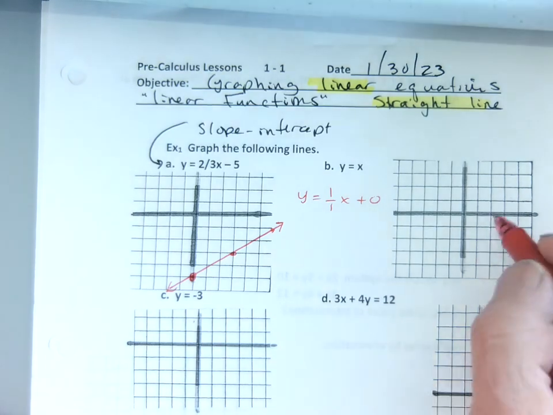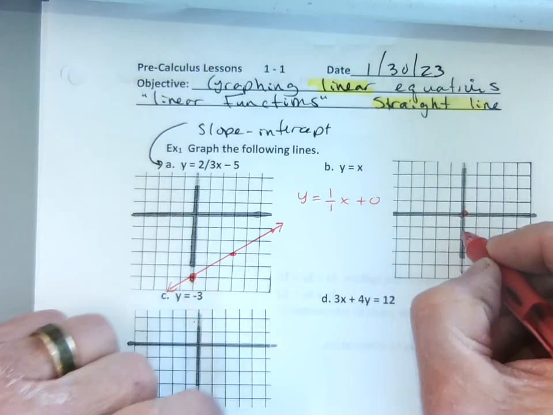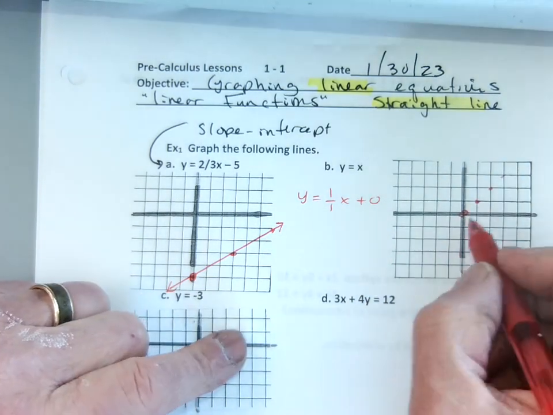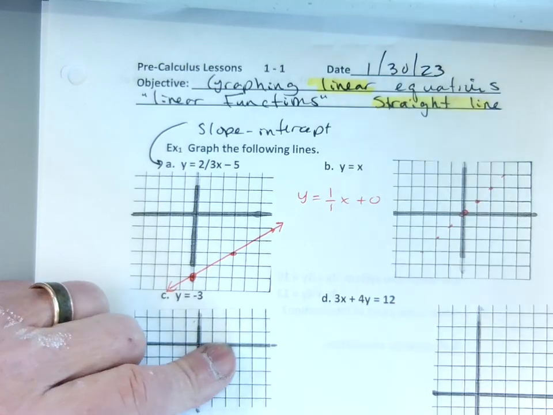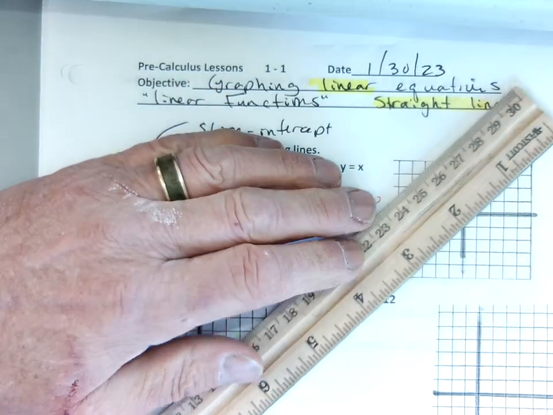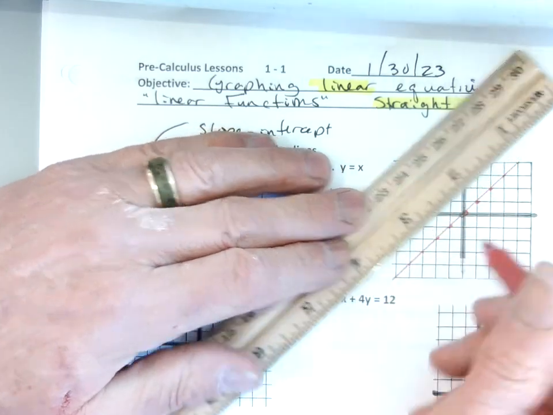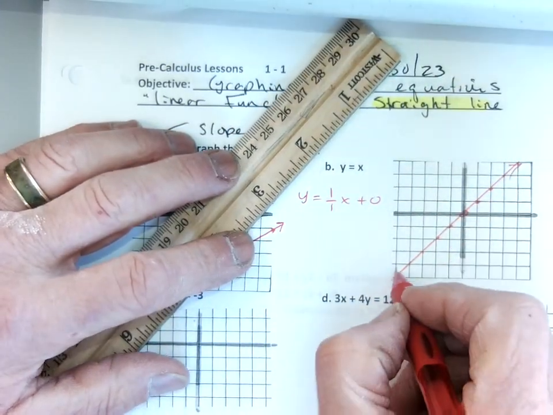So then I'm going to start at 0. I'll go up 1/1, up 1/1, up 1/1, and of course, you know, nice long line, put the arrows. Okay.